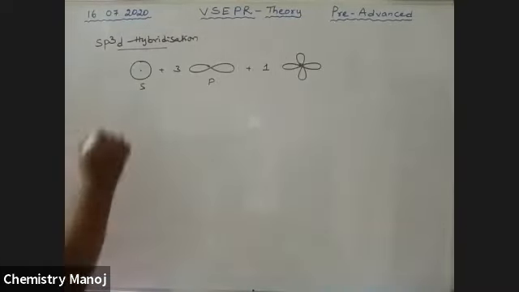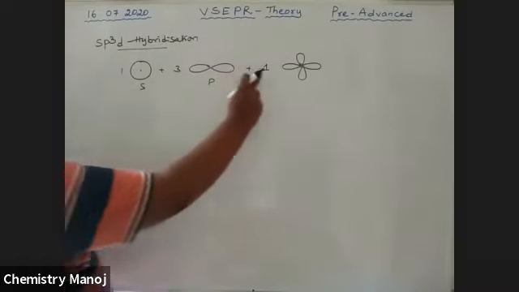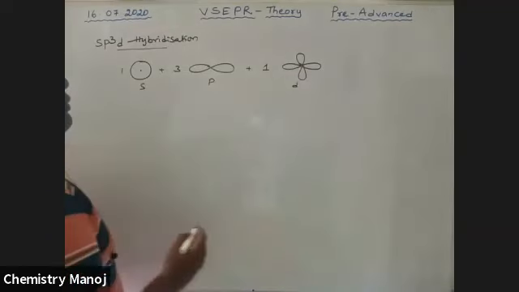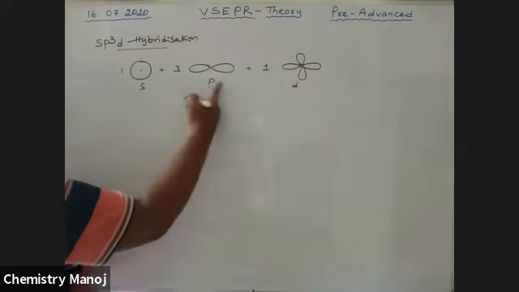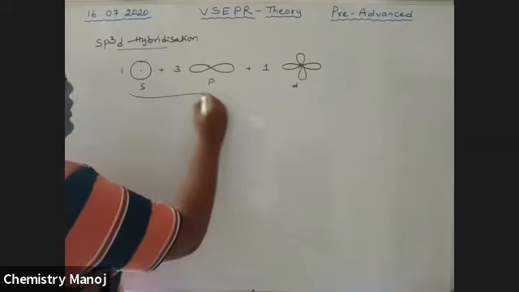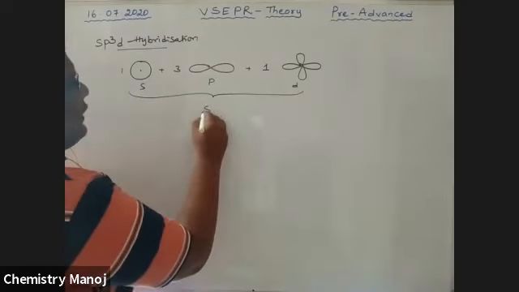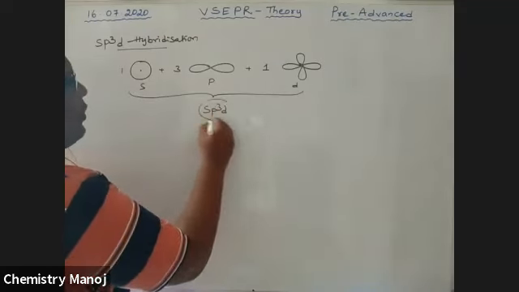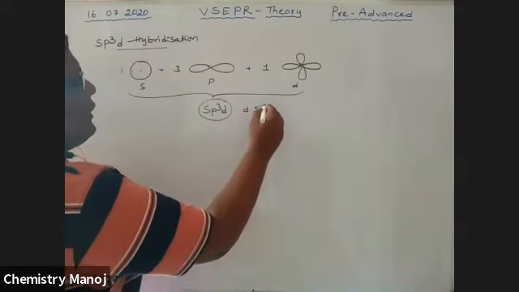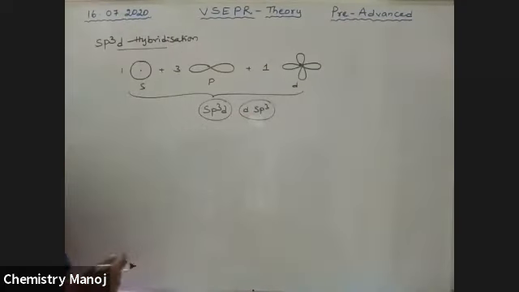So that means one s, three p, one d. That hybridization is called sp3d hybridization or dsp3 hybridization. Both are the same.